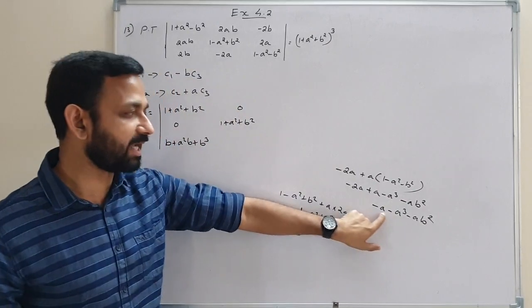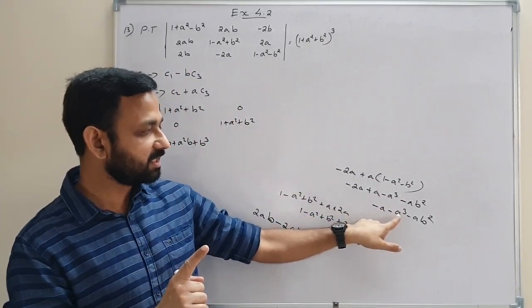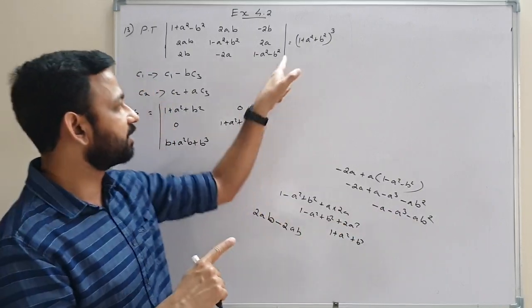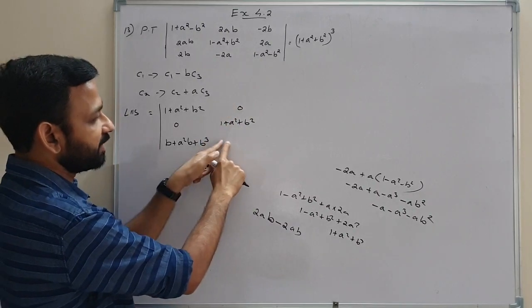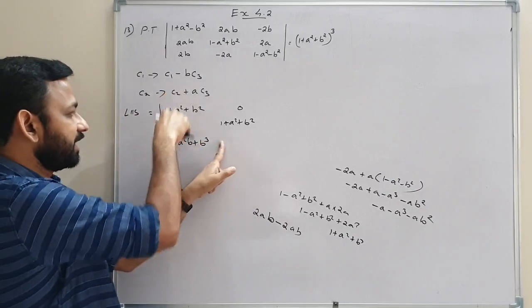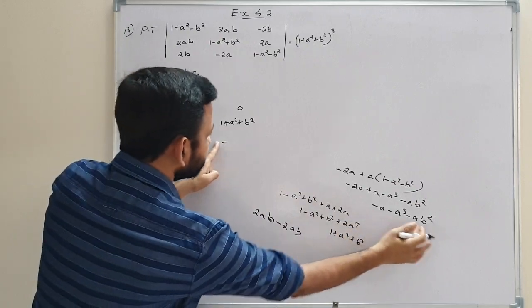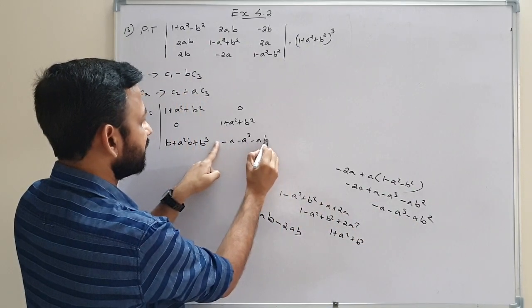When we take minus a outside, inside the bracket we will get 1 plus a square plus b square, and here also when we take minus a, we will get 1 plus a square plus b square common. Here we have common and here also.